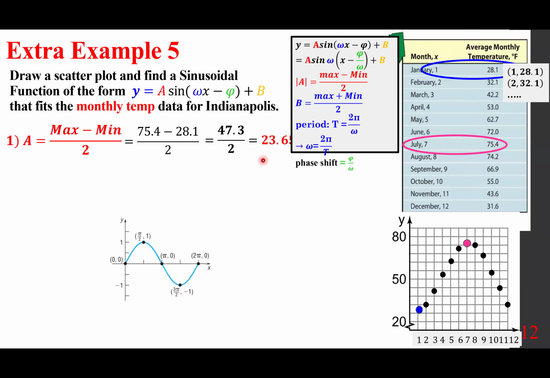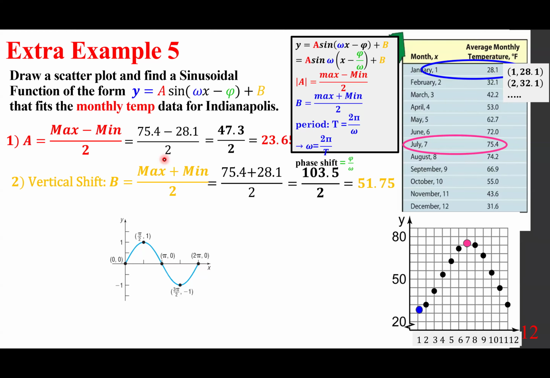Vertical shift is maximum plus minimum divided by 2. So now add them up, divide by 2. 103.5 divided by 2 is 51.75.